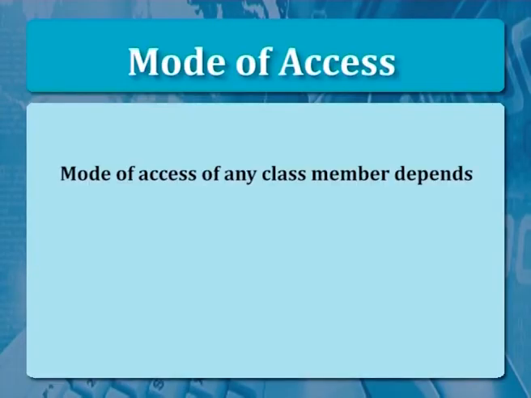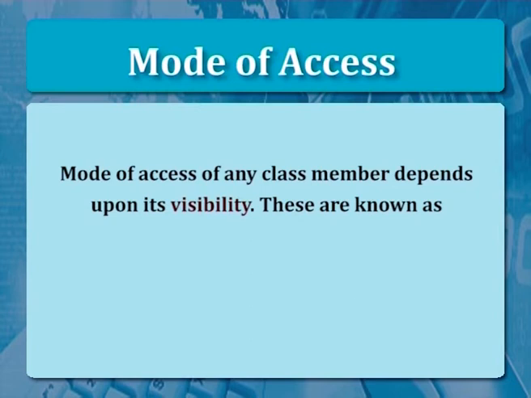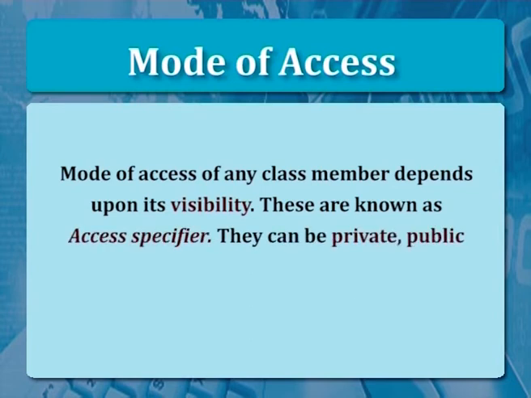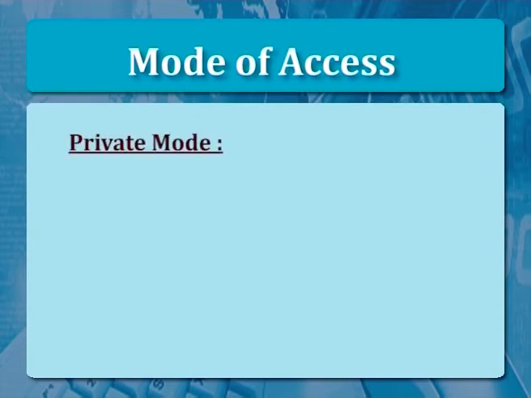Mode of access. Mode of access means how to access class members. The mode of access of any class member depends upon its visibility. These are known as access specifiers. They can be private, public, or protected. Private mode.